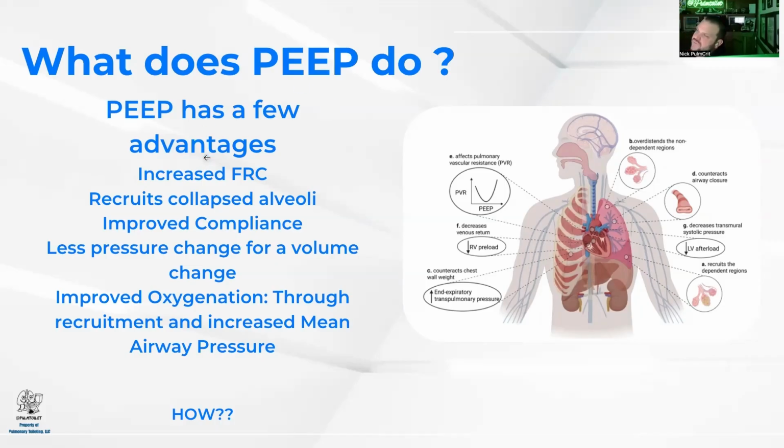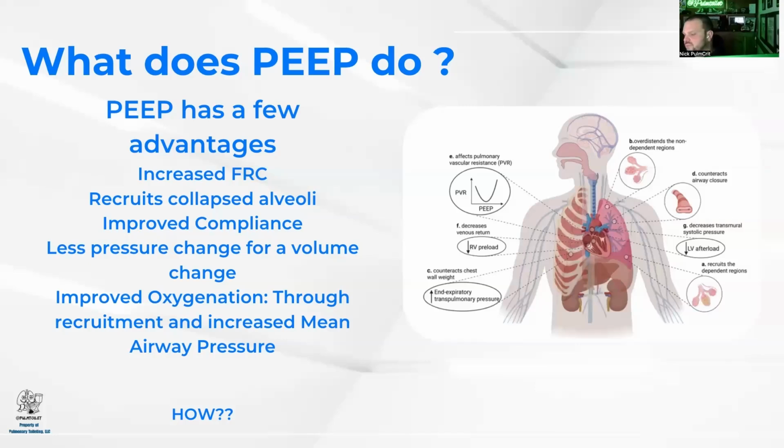So I think if you'd ask someone why switch someone to APRV, some proponents of APRV certainly recently would say, well, it helps you get to FRC. PEEP helps you get to FRC as well, right? It's just if you are doing APRV, you're spending a longer time at a higher pressure. So you're doing the sort of balls-to-the-wall recruitment maneuver.